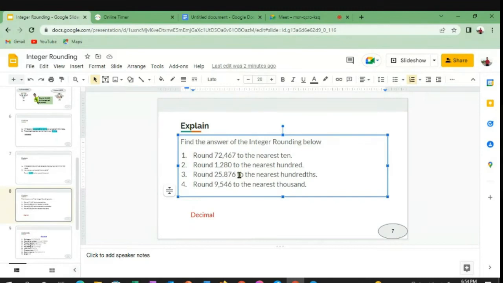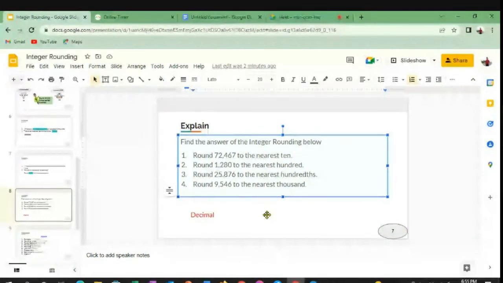So the digit right next to the decimal point is 10, and then 100 and 1,000, from left to right. But when we round up or round down, we do the same as with the whole number.